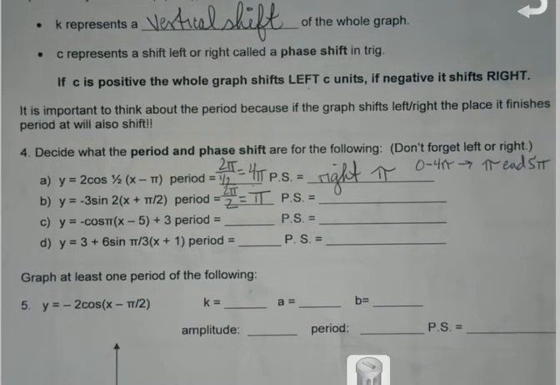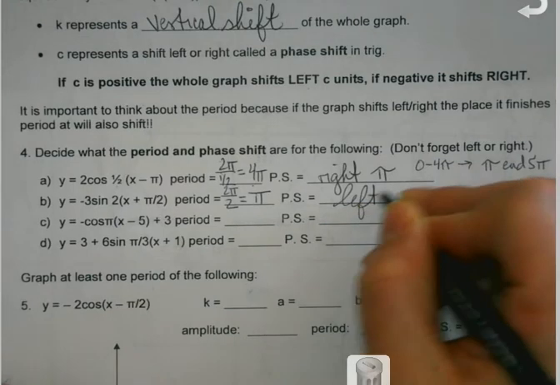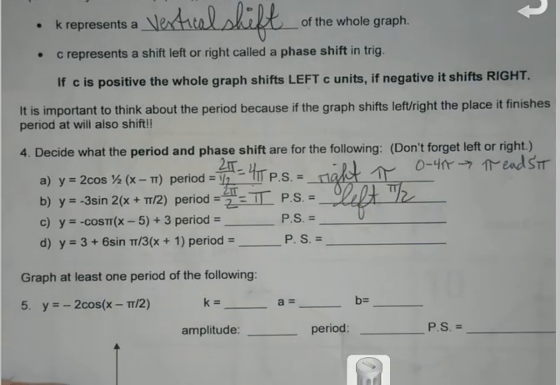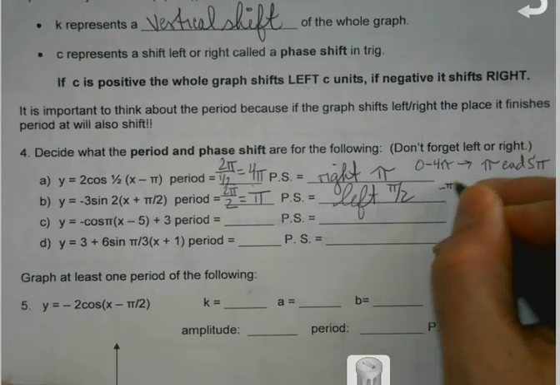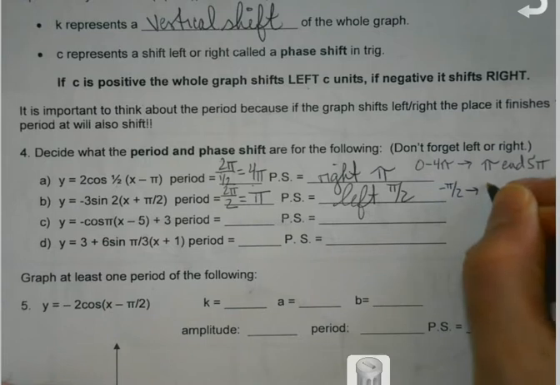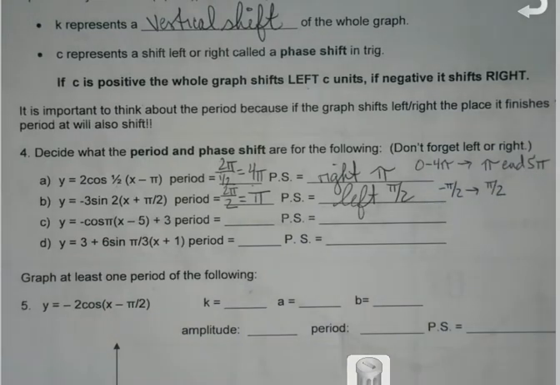What about my phase shift? Left pi over 2. So now instead of being from 0 to pi for this particular period, I'd be going from negative pi over 2 to positive pi over 2. The length of the period didn't change, just where it started and ended did.